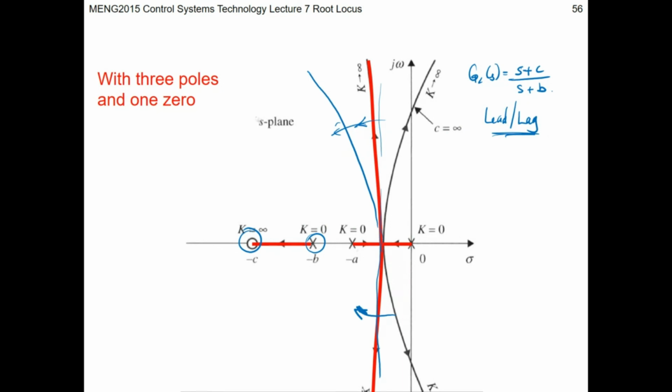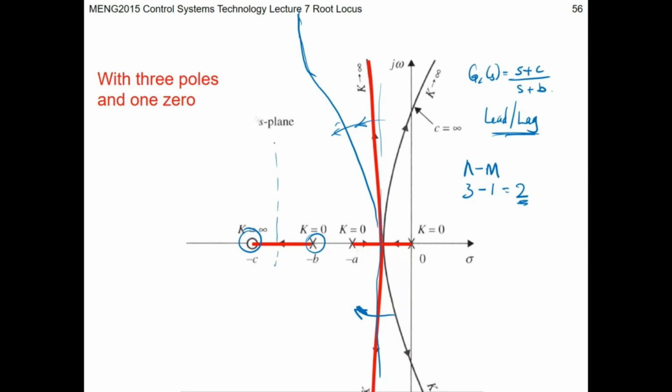What's going to actually happen is eventually it's going to go back vertical. Why? Because you have three poles and one zero. So n minus m, 3 poles minus 1 equals 2. So you have 2 asymptotes. If you have 2 asymptotes, then your asymptotes are going to be 180 degrees apart. They're going to be plus or minus 90.